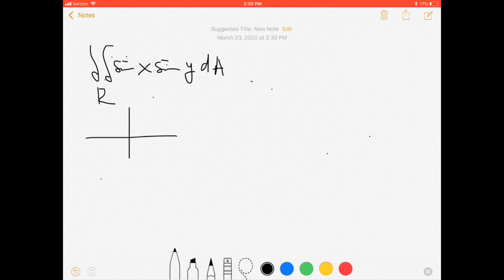This means I'm checking if I have negative pi there and pi there. These are two vertices, and these are two vertices more. This is pi over 2, x and y. Here our region is very simple.